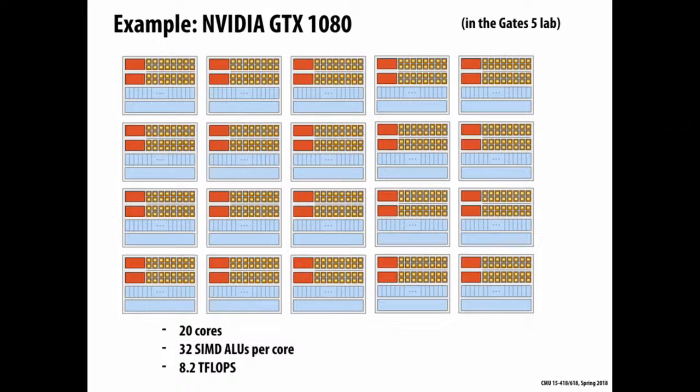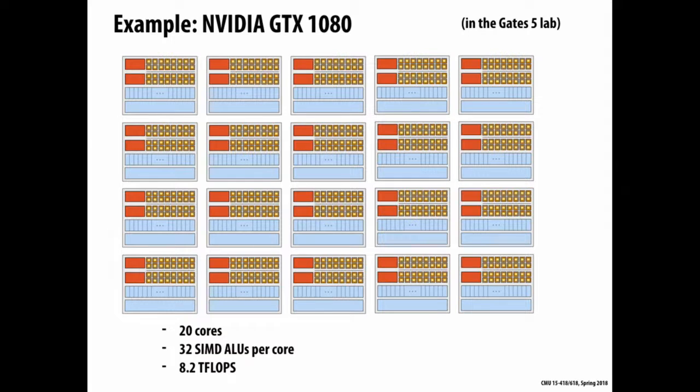We also, in the Gates machines, have attached to them fairly recent models of NVIDIA GPUs. And they have 20 cores, each of which has 32 ALUs that, like I said, support SIMD. But these cores look very different from an Intel processor core.